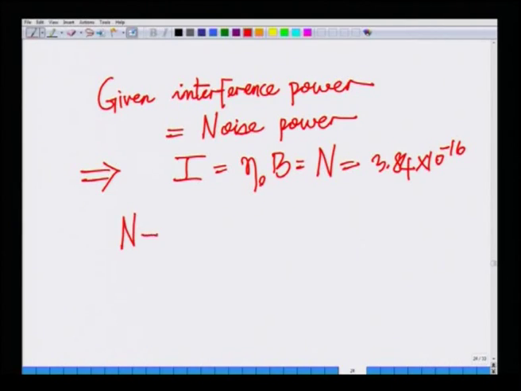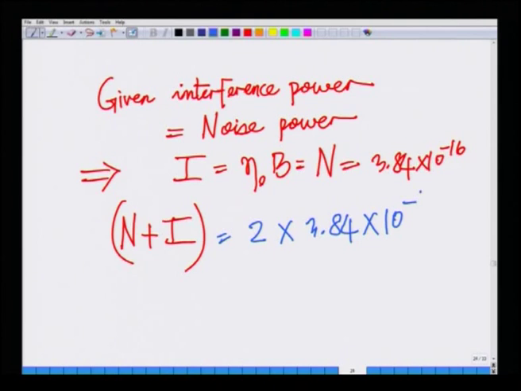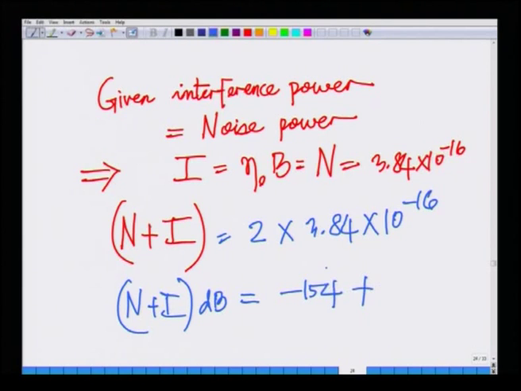Which now means N plus I is nothing but twice 3.84 into 10 power minus 16, and computing this value in dB, this is nothing but minus 154 plus 3 dB, since a factor of 2 corresponds to 3 dB, which is essentially minus 151 dB.